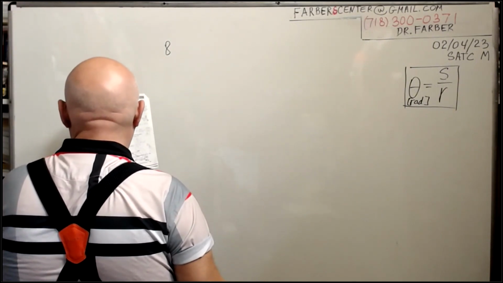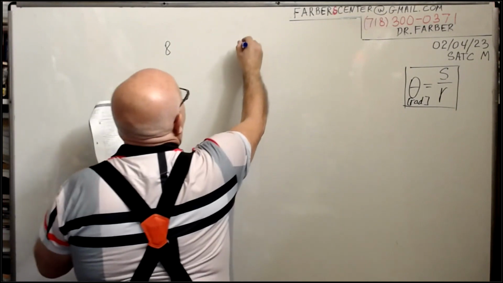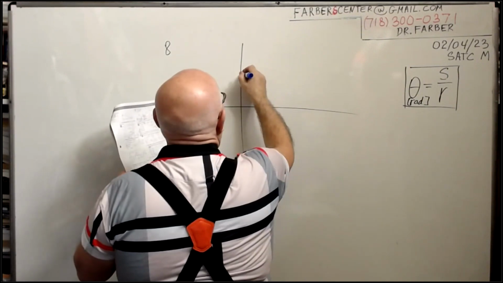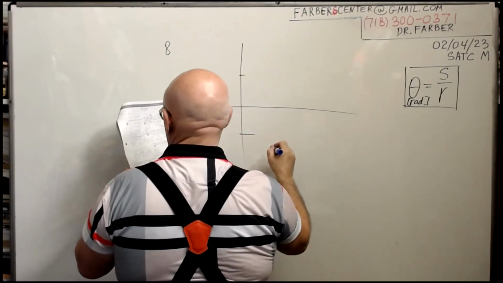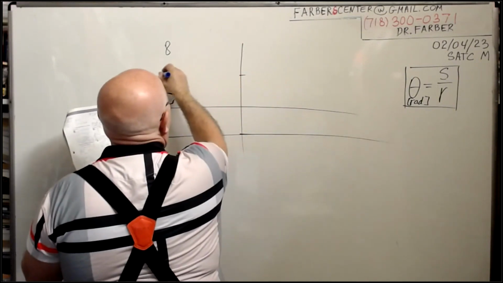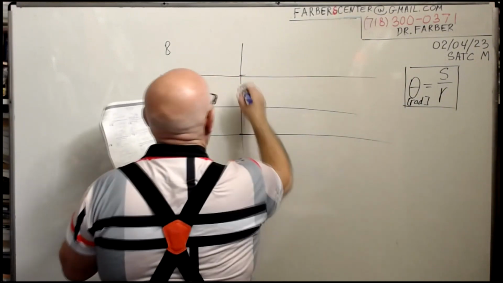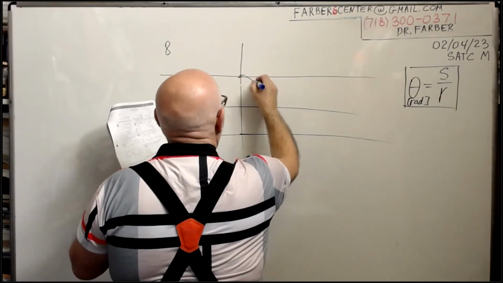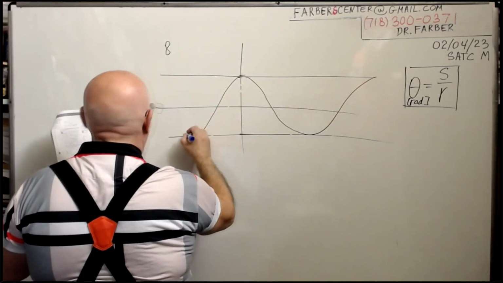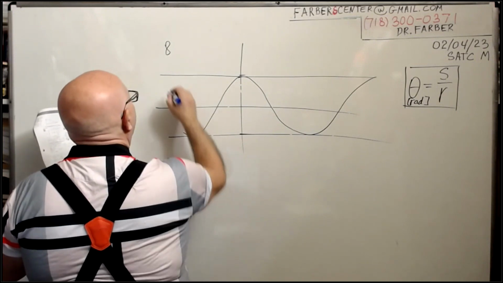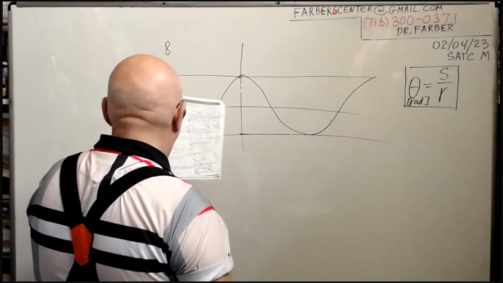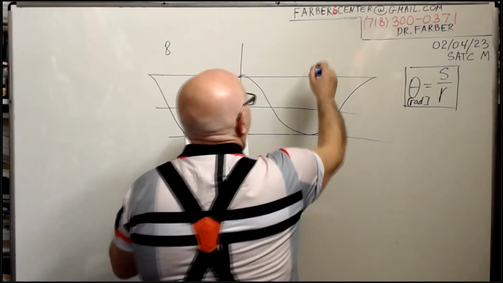y equals cosine of x. We have a graph. And it looks like this. This is 1, this is -1. I refer to the picture you have. For demonstration, I will make some. And this is y equals cosine of x.